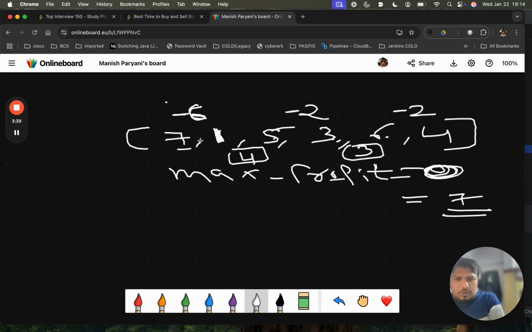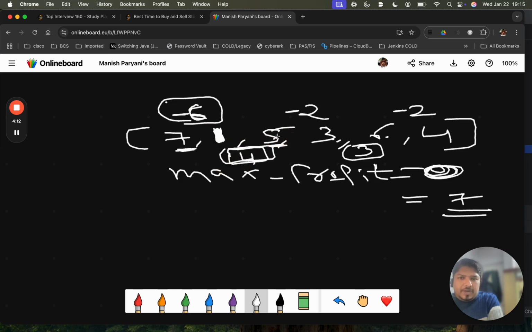If you see this closely, if the current price is less than the previous price, then you will be in a loss, right? But if the current price is greater than the previous price, then you are making a profit.